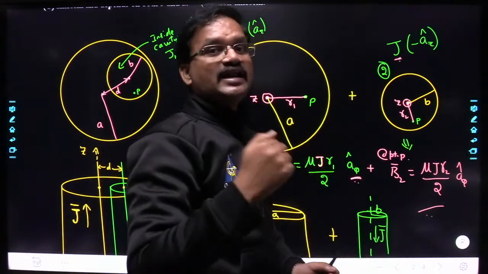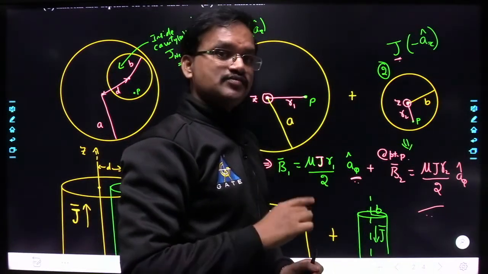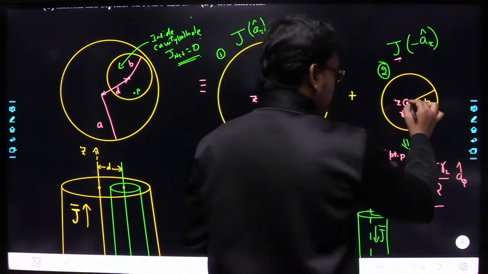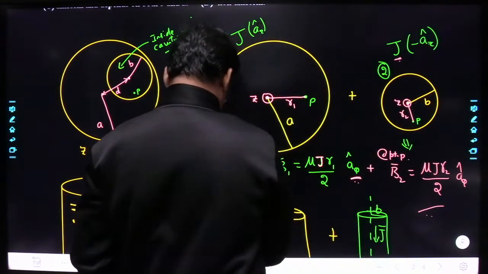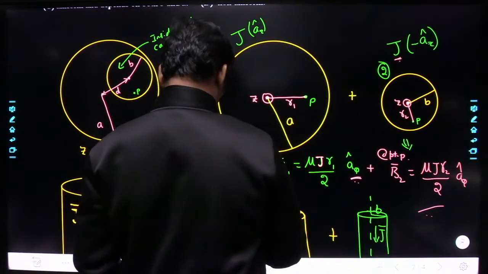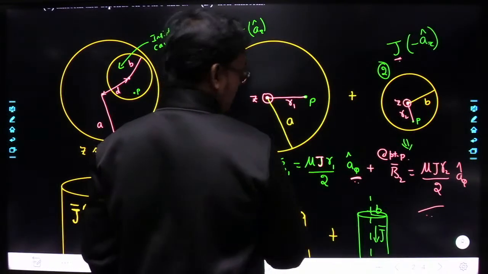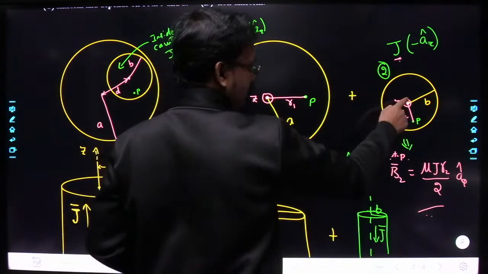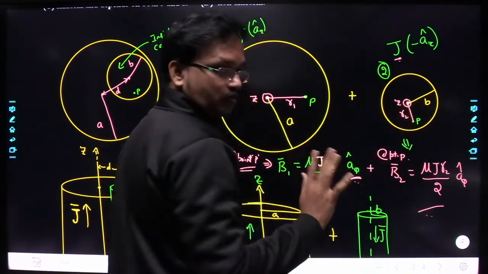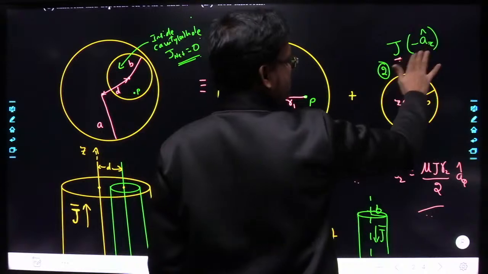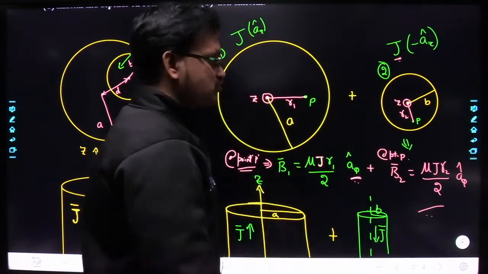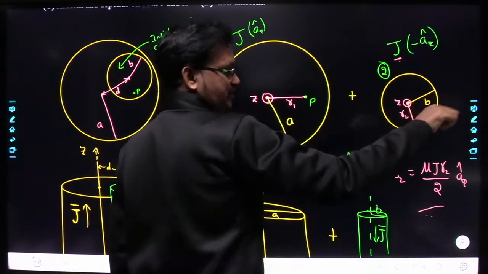Now here what we have considered is that the current is flowing in negative Z direction. If I represent the z-axis coming out of the board, then the negative z-axis points into the board.